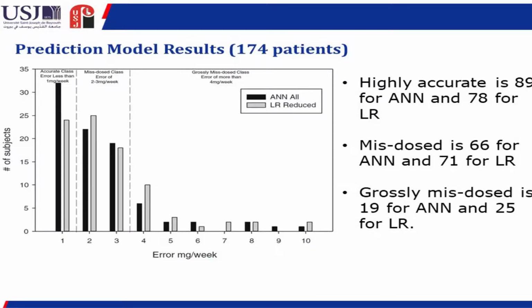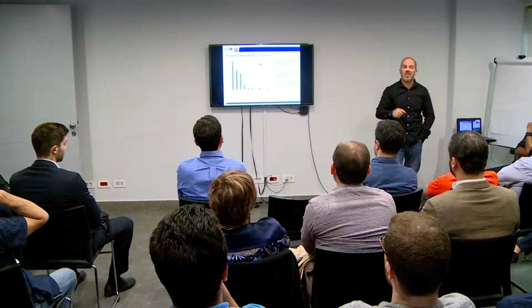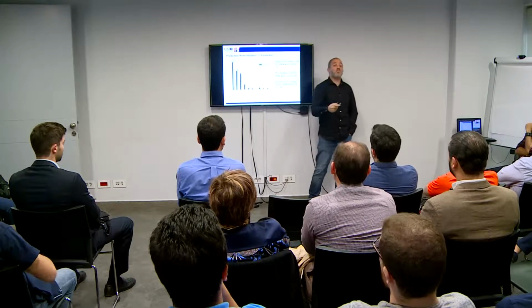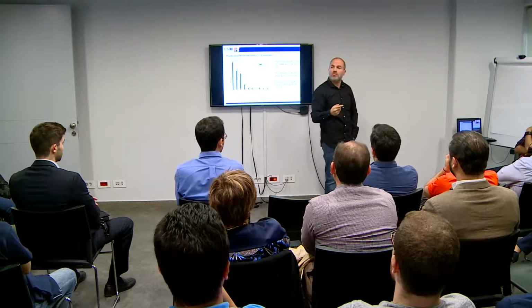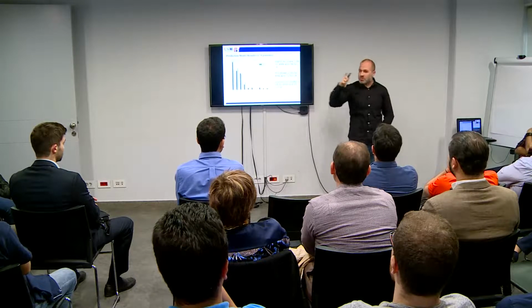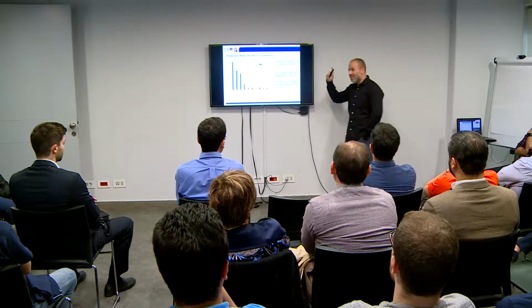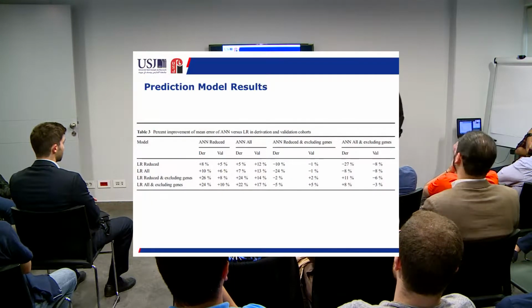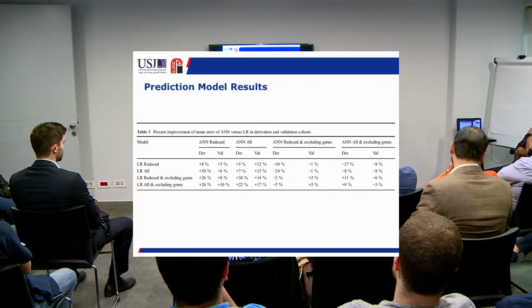We compared our result with linear regression, which is a very simplistic AI, but that's regression. And 8 milligrams per week is half a pill. So from the first week, from day one, you can get to within half a pill of error from the correct dosage, which was a really excellent breakthrough.